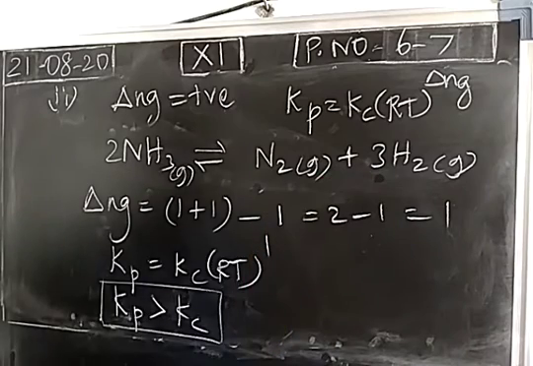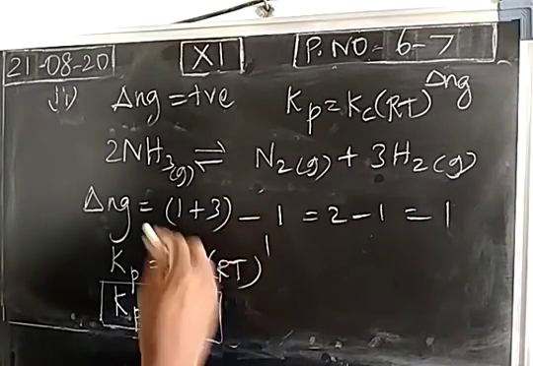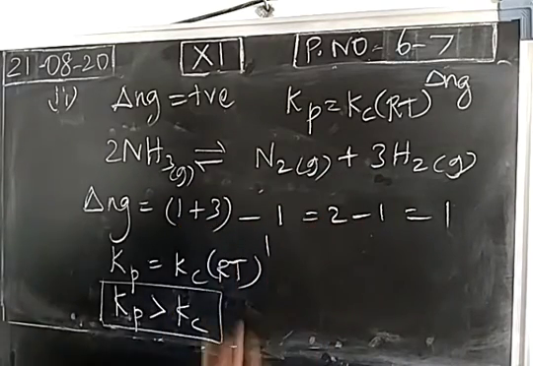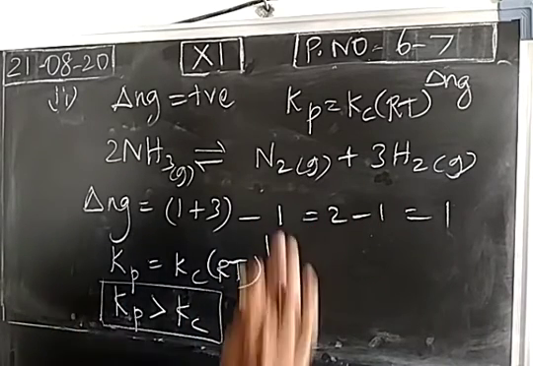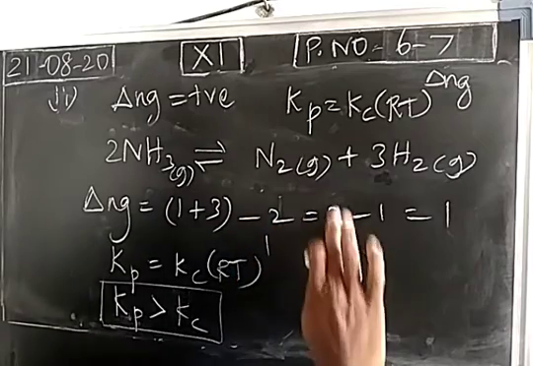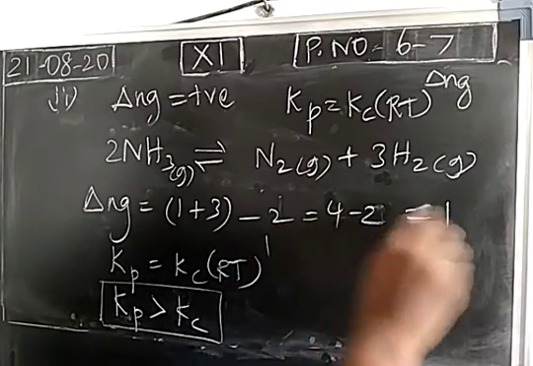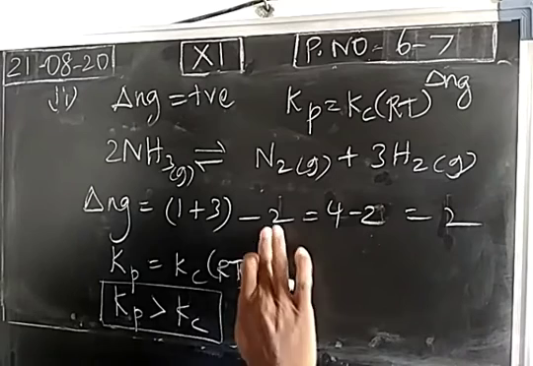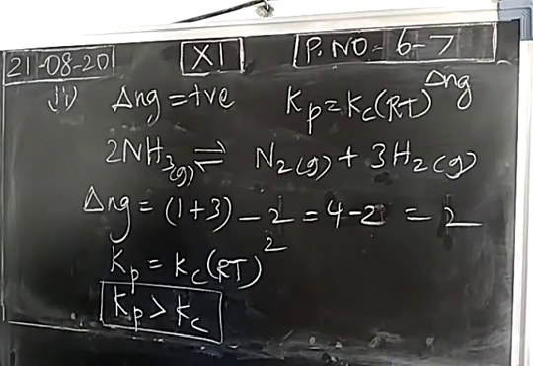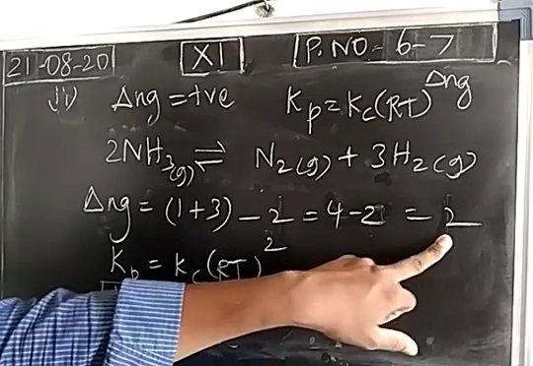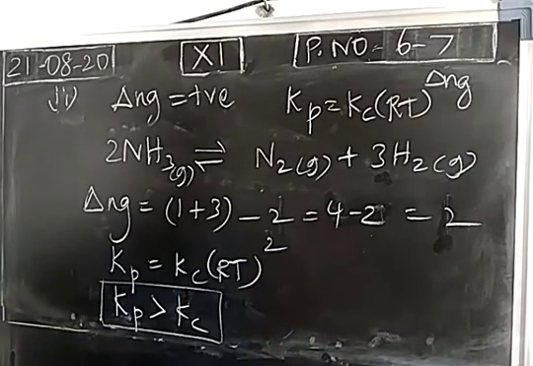Number of moles of products 1 plus 3: 1 mole of nitrogen and 3 moles of hydrogen. Then what about the reactant? 2. So delta Ng value 2. For the dissociation of ammonia, we get a positive delta Ng value. So automatically Kp value will be greater than Kc.